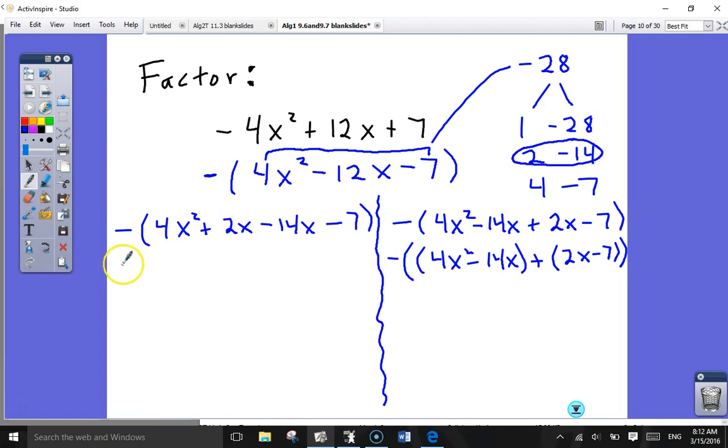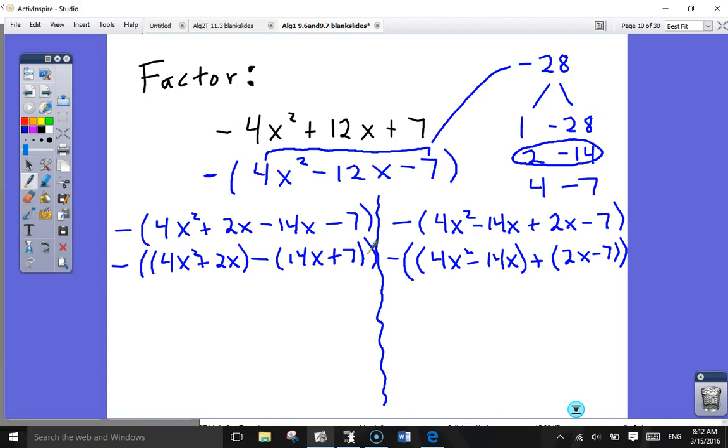If I do it on the one on the left, it's much more complicated. 4x squared plus 2x. The minus goes in between the parentheses, and what's left inside the parentheses? 14x plus 7, right? Because when I put a minus in front of parentheses, it flips the sign of everything inside.